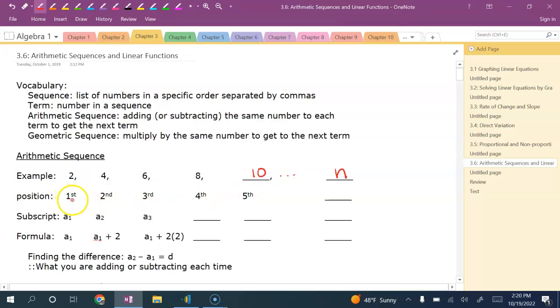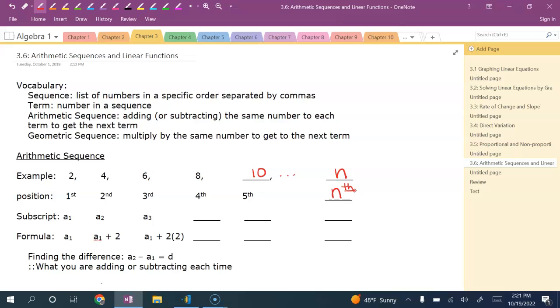So 2 is in the first position, 4 is in the second position, and so on. So if you're looking at a term, again, down the line in the sequence, this would be known as in the nth position. Because, again, I could be looking for something that's in the 20th position, or the 30th position, or the 122nd position. So all of those would be signified by the nth position, because it could be changing depending on what I wanted.